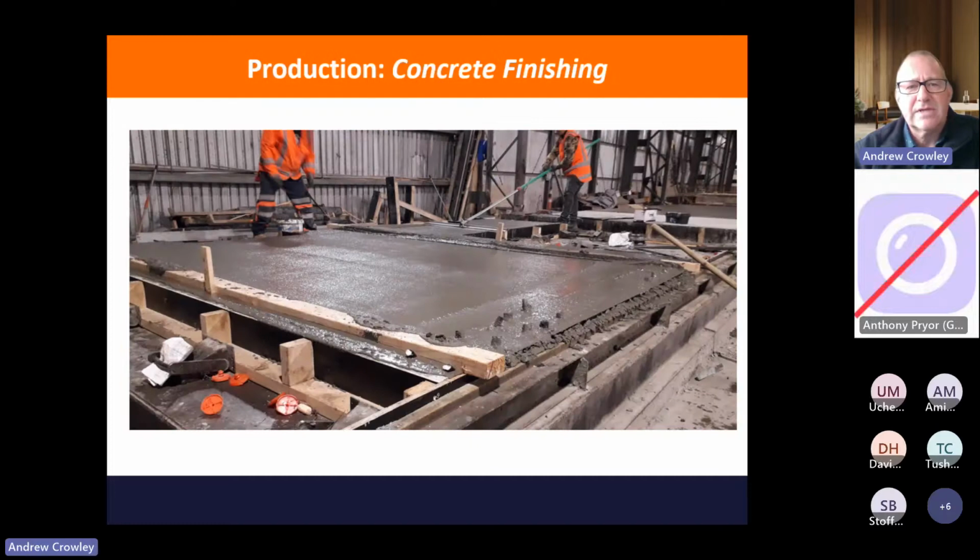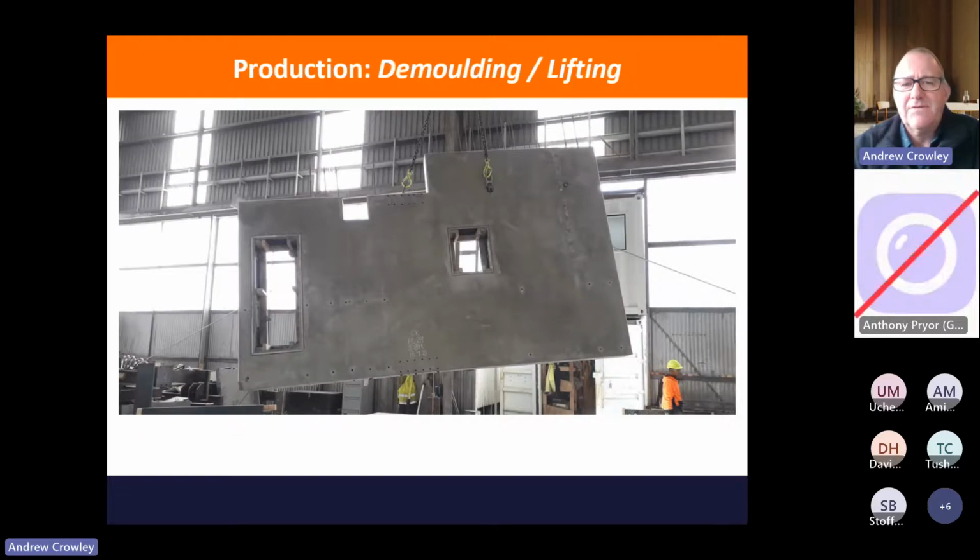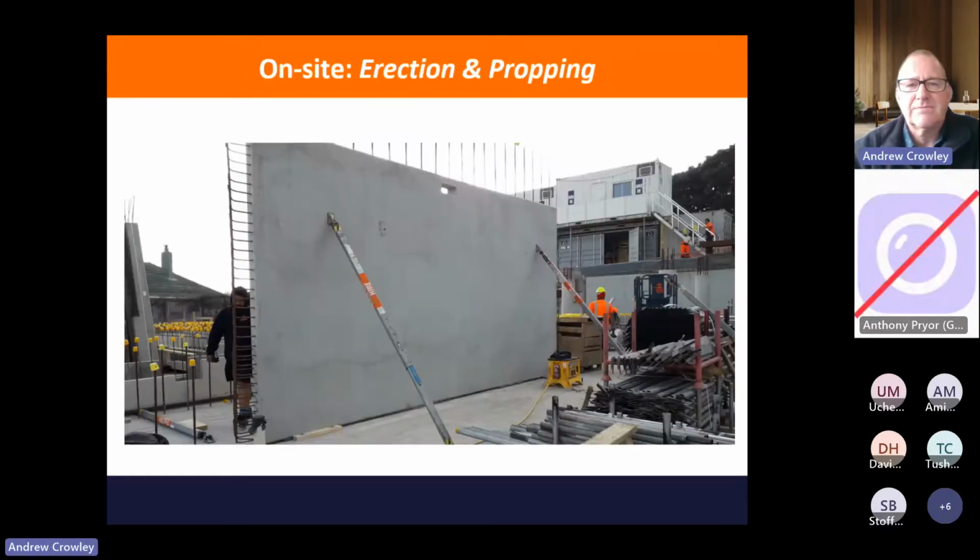So we finish in this case with a float finish, a simple troweled finish, and then they can lift it out. A point to note here, all the lifting eyes you put in, they may not necessarily use, but then they lift it out and put it into their storage rack for potentially tidying up, because sometimes they need to do some repair works before it's shipped out to site.